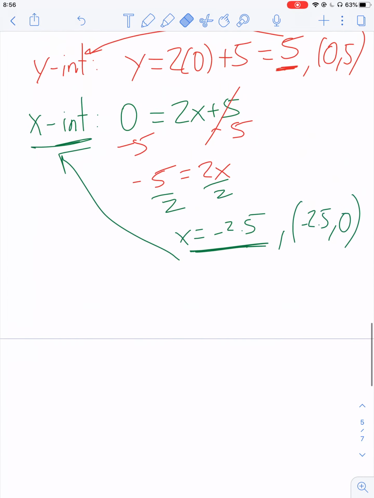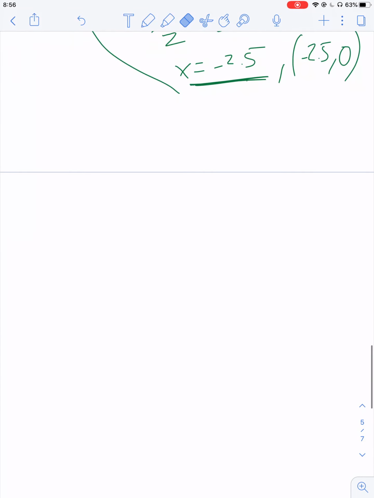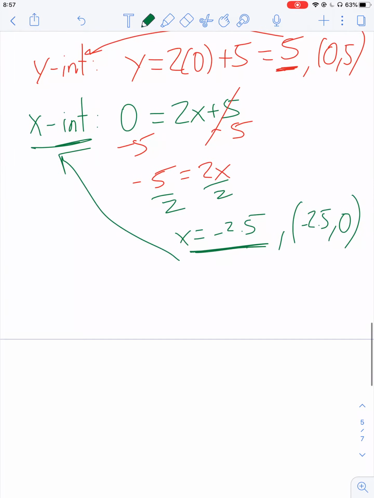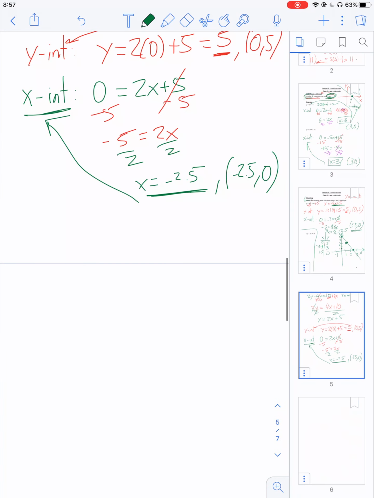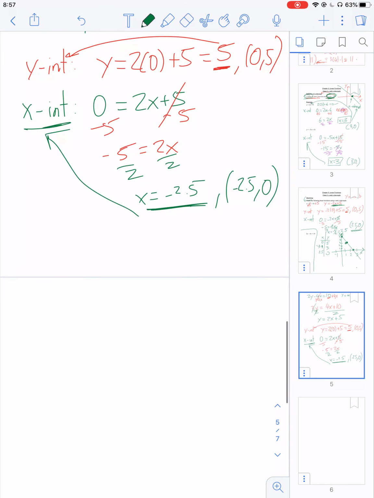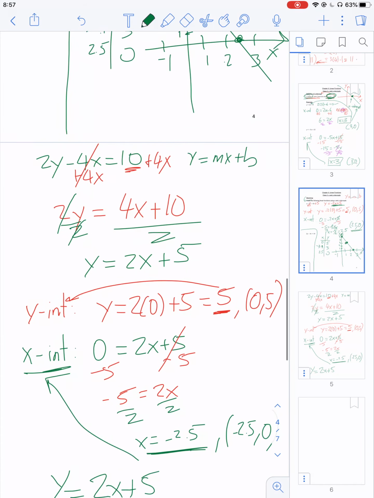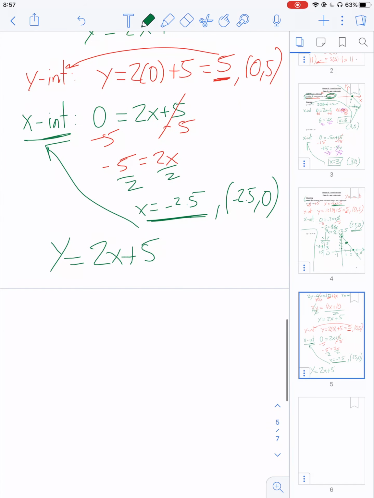So now I'm going to use these values to sketch my graph. You know what, let's just do it this way because now I can see a lot of stuff and have a lot of room underneath as well. So remember my equation is y is equal to 2x plus 5, if I'm not mistaken. Right, 2x plus 5. So this is how you would sketch this.